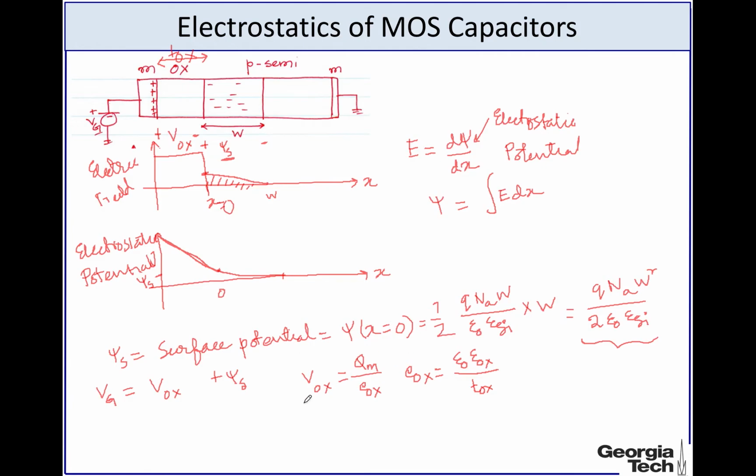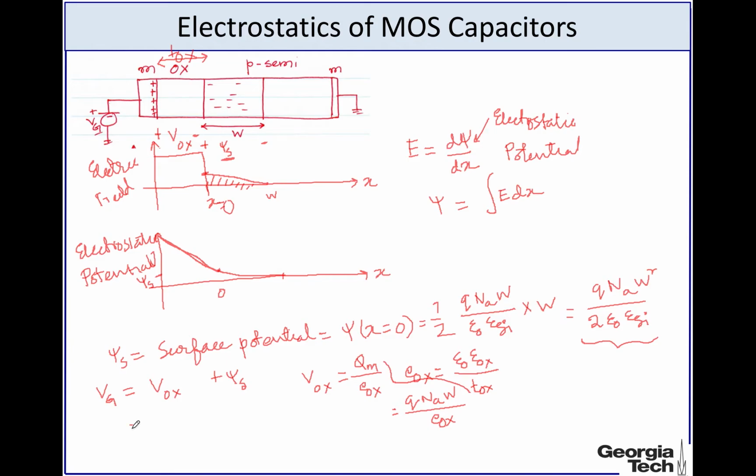Alright, and Qm is simply q N_A W. So we get this equation for Vox.